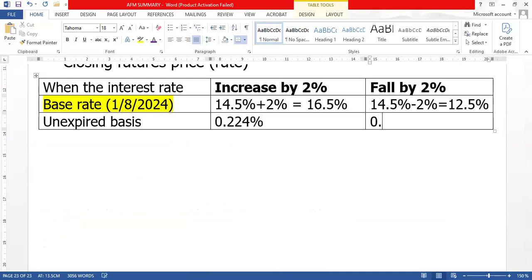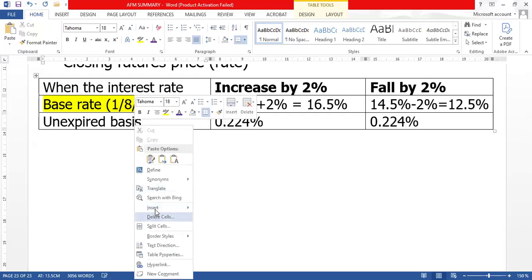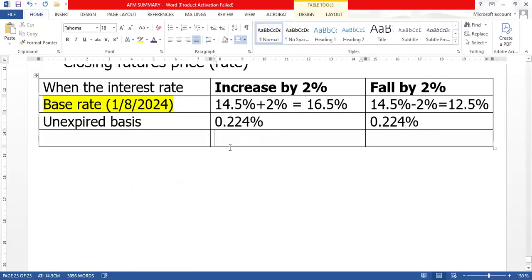It will not change, whether the rate changes or not. So in total, what will be your closing futures? When you add here, what do you get? In the first one, it will be 16.7. Closing futures will be 16.7. I rounded off.